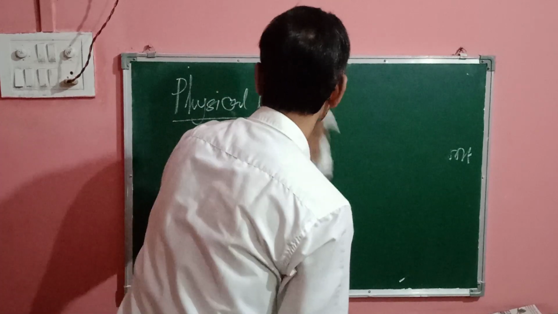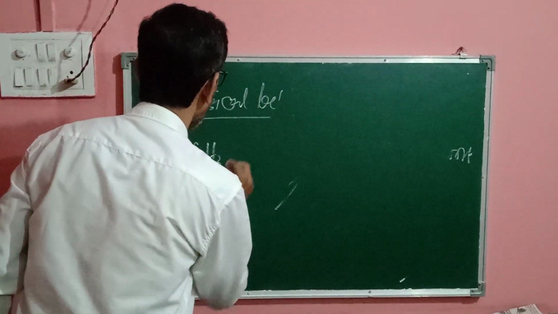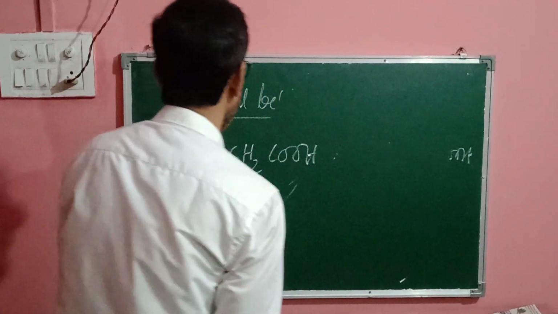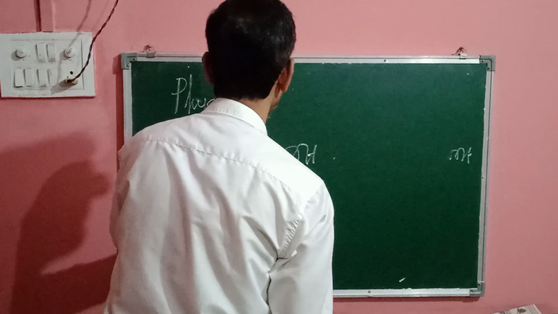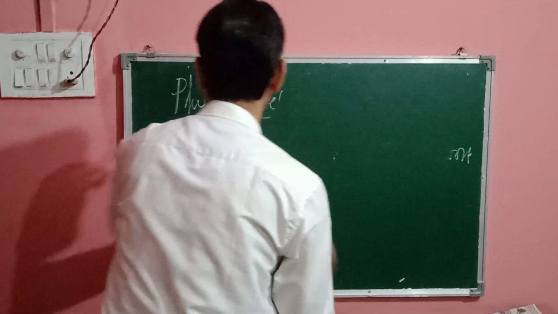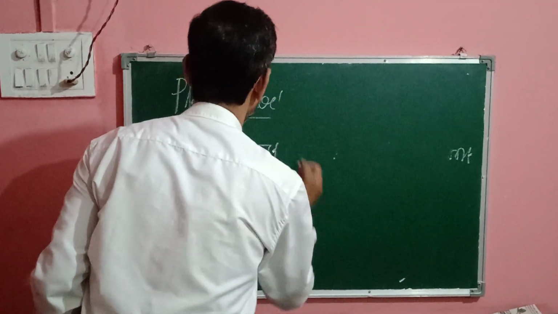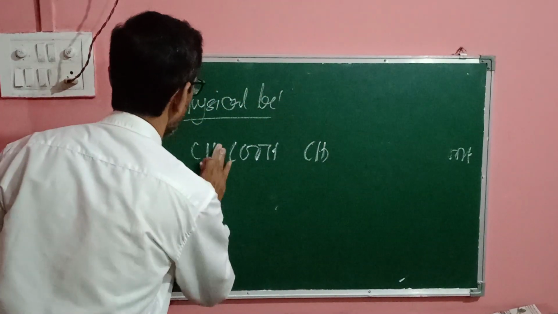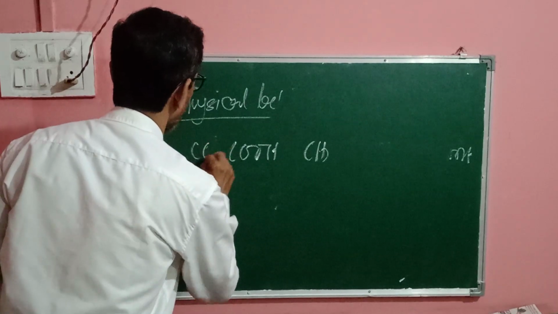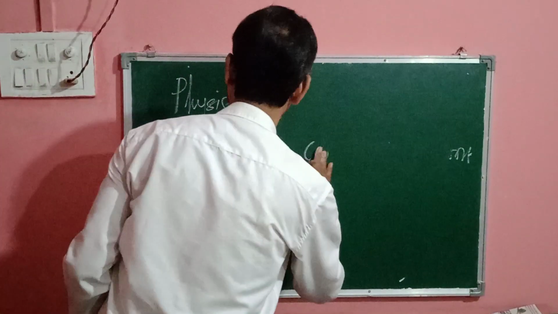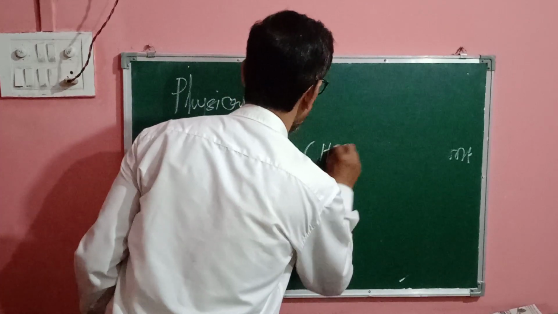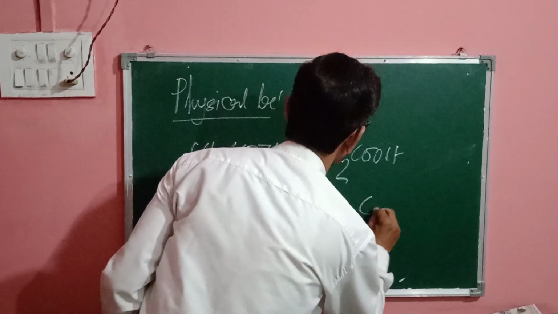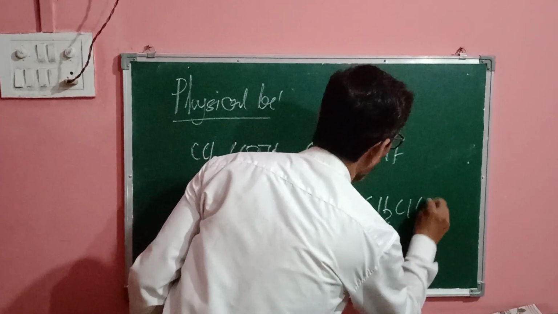Now, if you increase the number, say CCl3COOH, CHCl2COOH, CH2ClCOOH.